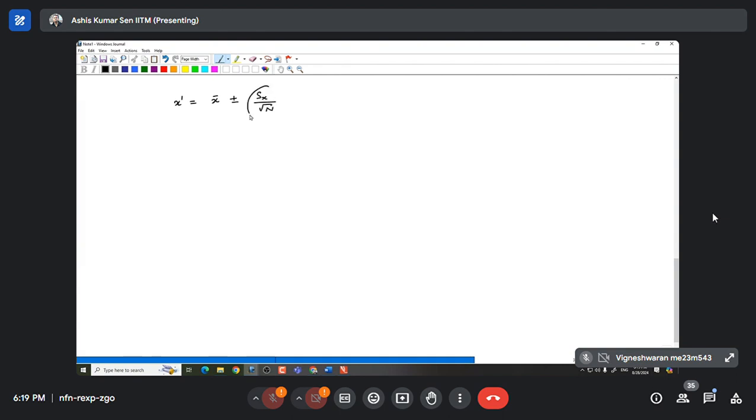This is basically your Sx̄, right? So you find Sx̄, which is Sx over the square root of n, equal to 0.16 divided by the square root of 20, and this will be basically 0.036.